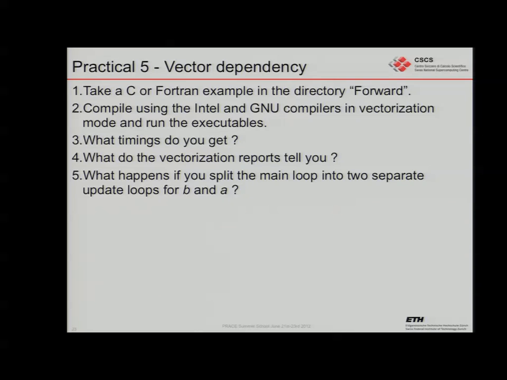Intel and GNU, vectorization mode, run the executables, timings, etc. And then you should see a difference between the two compilers, but I'll leave it up to you now to guess which one would actually be the one that can and which one can't. And then for one of them, you may be able to do something if you make changes to the loop structure.